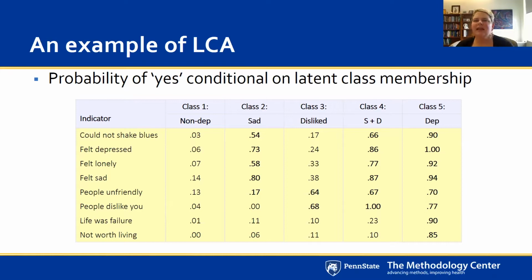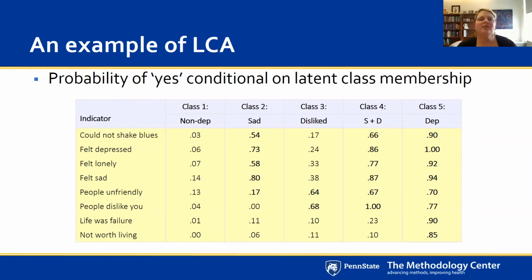What you're looking at on the screen right now is what we call an item response probability matrix. What you're seeing is the probability of people responding yes, they experience that indicator, conditional on their latent class membership. Just like looking at a pattern of factor loadings in factor analysis, we look at the patterns of item response probabilities and we try to label the classes.